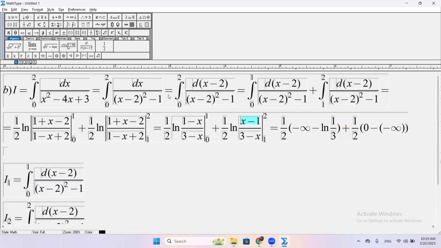Actually, it depends, because we have here a module, so absolute value. If we have a module, it means that after opening it, we have to receive a non-negative value. So here we have x minus 1, and if I substitute 2 here, oh, it was a mistake here.